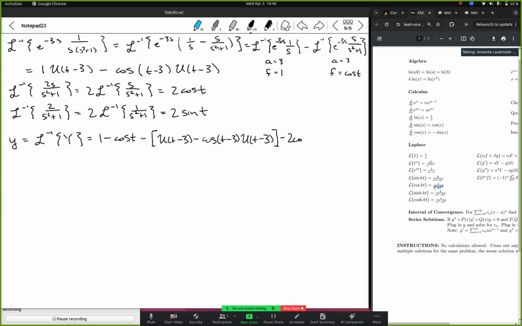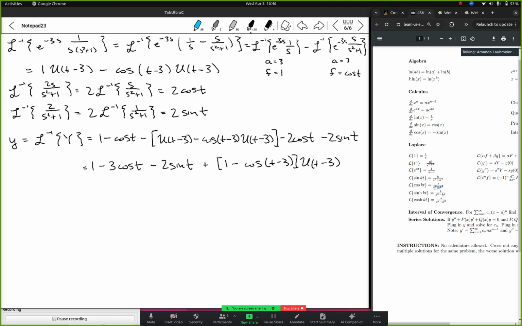So minus 2 cosine t minus 2 sine t. So that's going to be 1 minus 3 cosine t, just combining those two together, minus 2 sine t. I want to bring this with my other functions that don't depend on u. And then it's 1 minus cosine of t minus 3 times u of t minus 3.